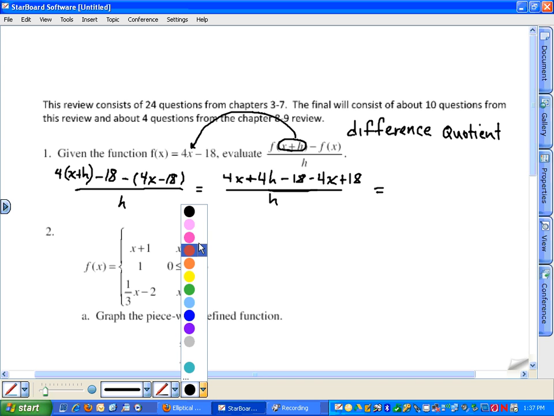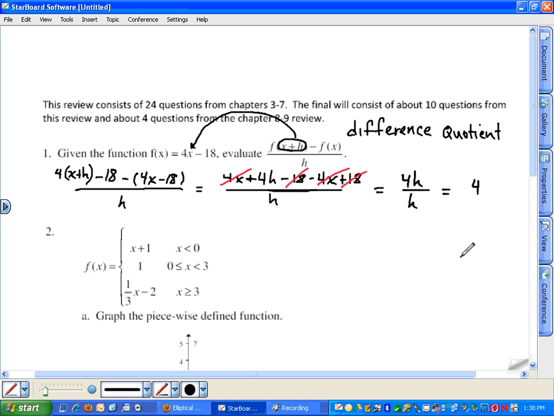Now if you notice, every term in the numerator that doesn't have an h multiplied with it is going to get canceled. 4x, negative 4x, negative 18, positive 18. So that leaves us with 4h over h, which is equal to 4.